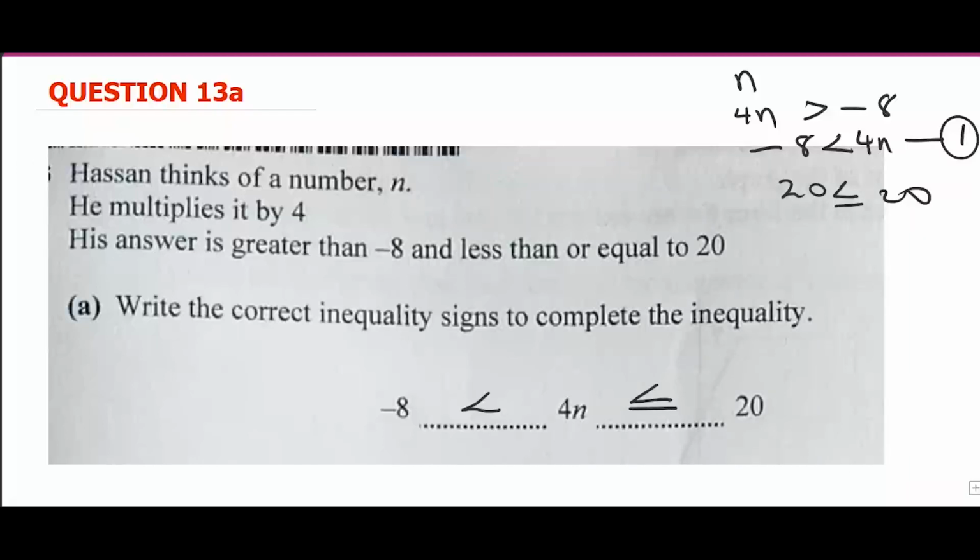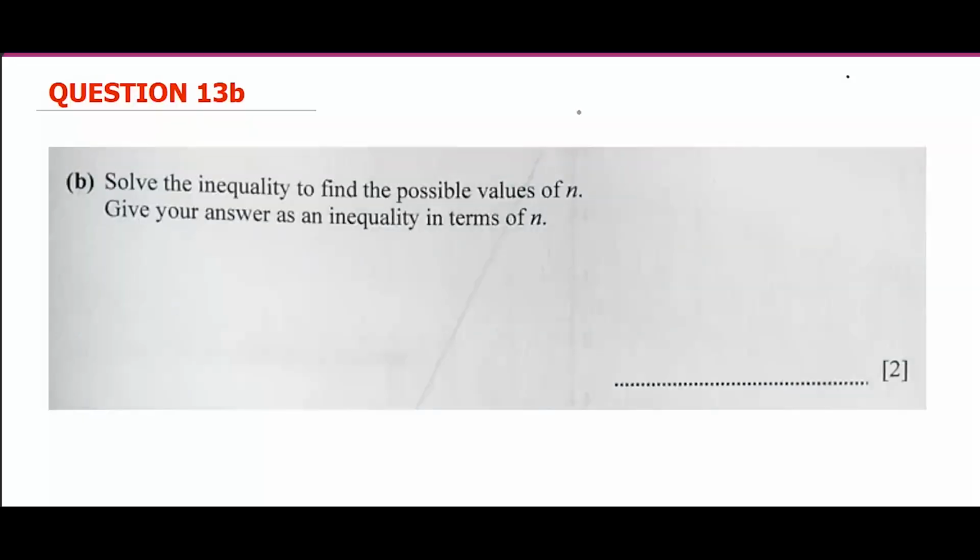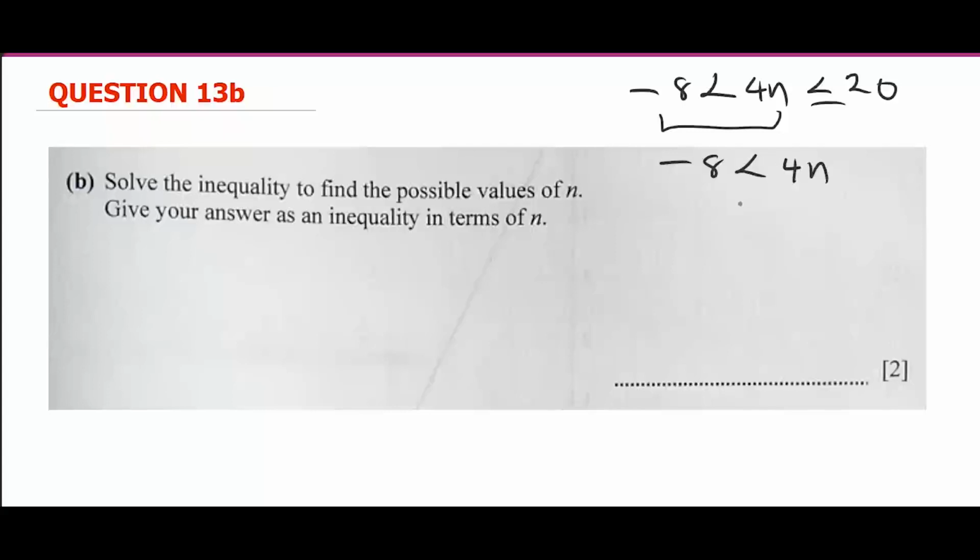So this will be the second inequality. So let's go to the next one. That will be question 13b. In question 13a, we got -8 is less than 4n and 4n is less than or equal to 20. So here we can solve the first part. -8 less than 4n. Let's divide both sides by 4. 4 will cancel 4 here. We are left with n.